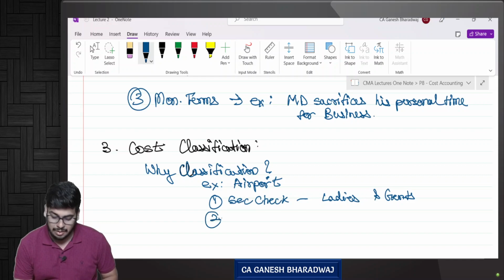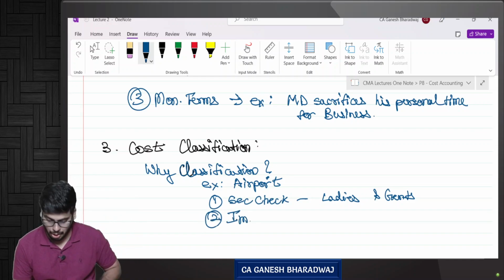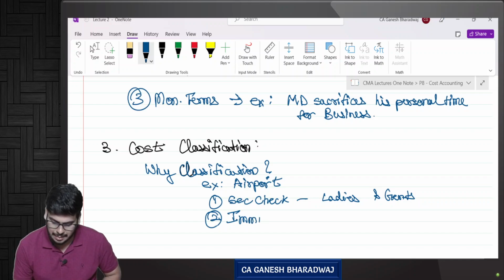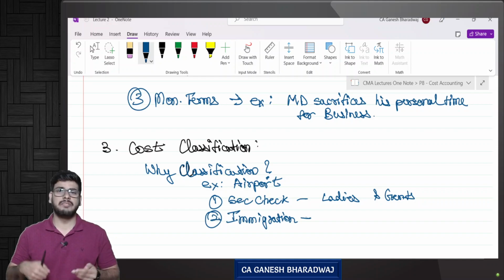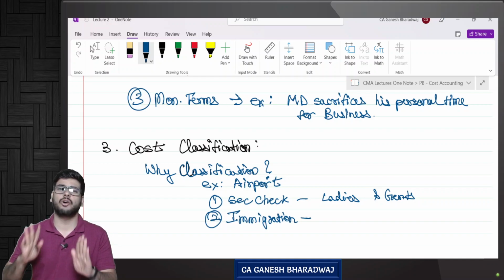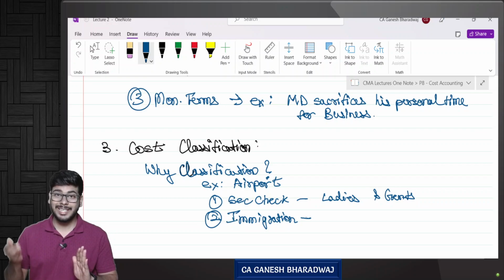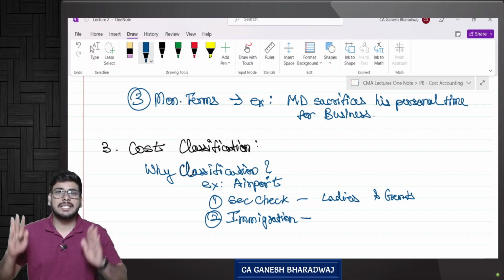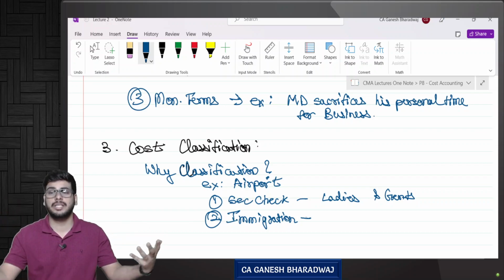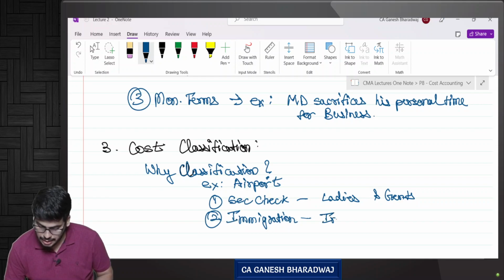Then there will be another place called immigration, if you are traveling abroad. In this place, they will check your passport, visa, and all of that. Here, the same human beings will be classified into Indian citizens and foreigners.